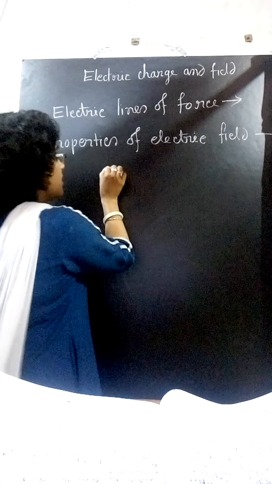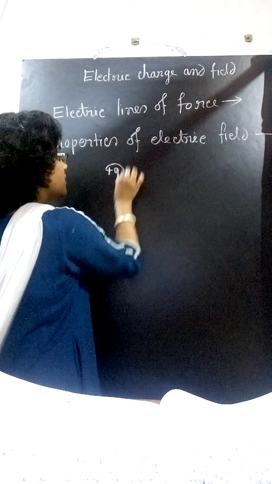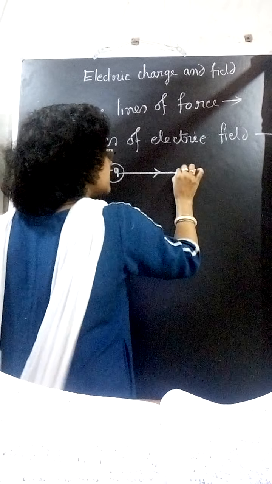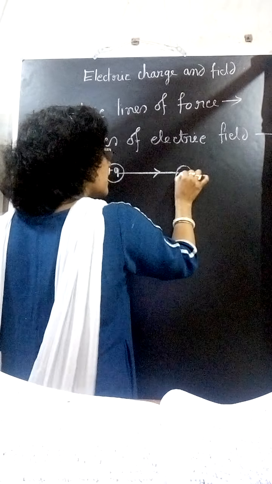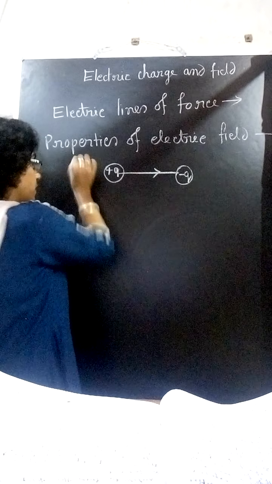That is, from plus Q charge the line is created and it ends at the minus Q charge. It is property number one.